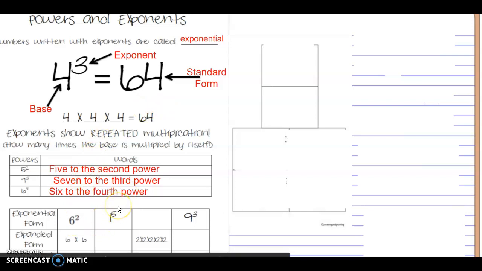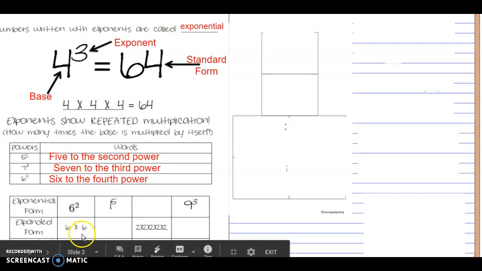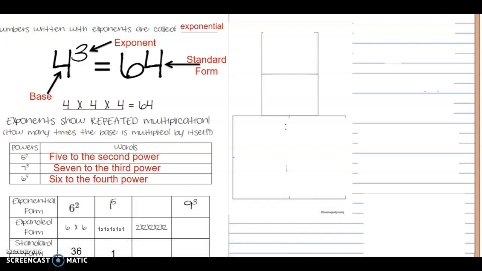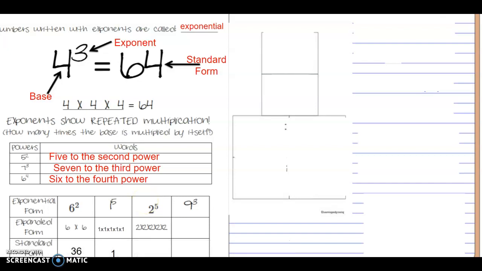In standard form, that is going to be 36. 1 to the 5th power is 1 times 1 times 1 times 1 times 1, which gives you an answer of 1. And 2 times 2 times 2 times 2 times 2 is 2 to the 5th power. 2 to the 5th power gives you a standard form of 32.